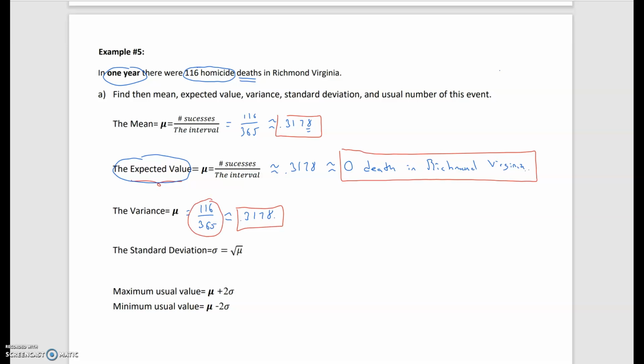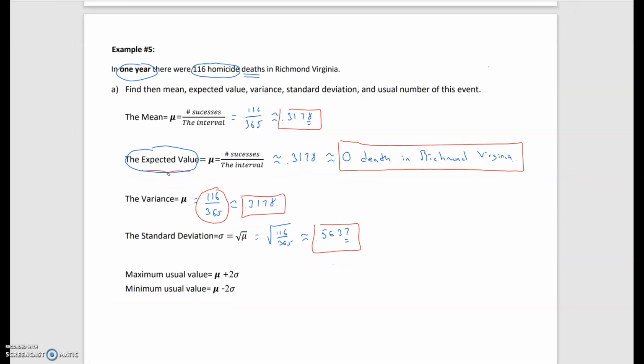I do want to see where you're getting that exact value. And for the standard deviation, this is technically the square root of 116 divided by 365, which is approximately, and let me punch it into the calculator, 0.5637, rounding to 4 decimal places.